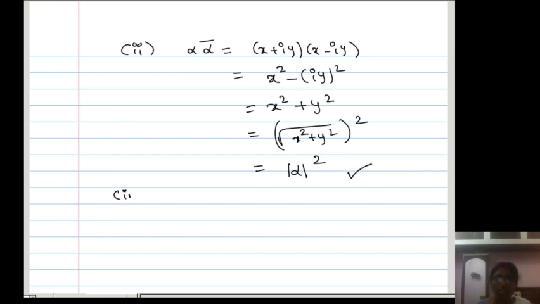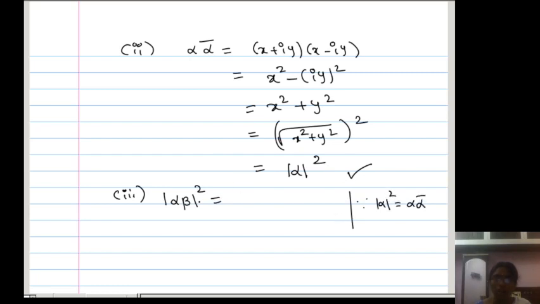What is the last, third one? Mod of alpha beta is equal to mod alpha into mod beta. For that, first I am taking mod alpha beta whole square. From the above step, mod alpha square is written as alpha into alpha bar.